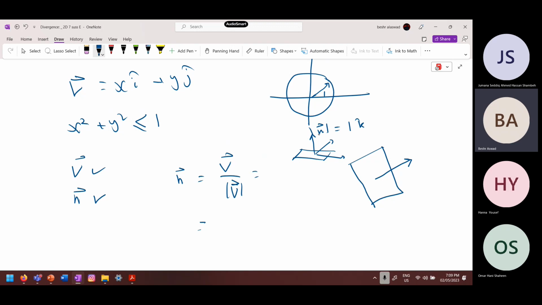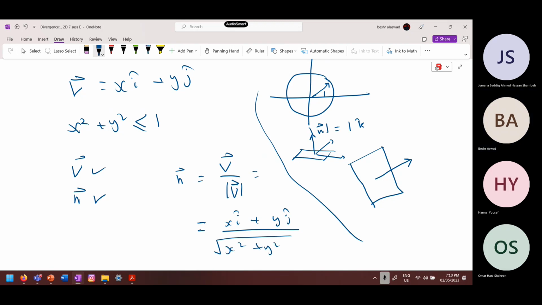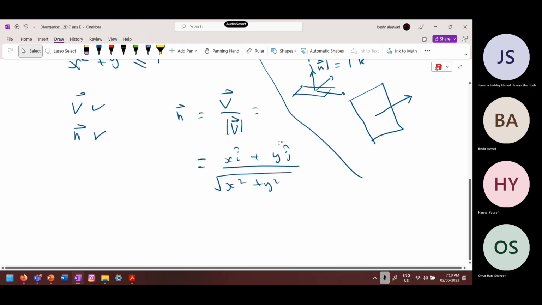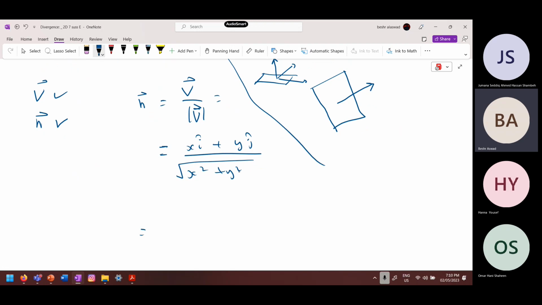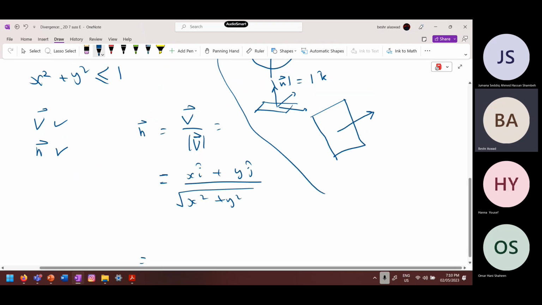Sorry, I got sidetracked. But to apply the normal vector for 2D, you must use this. I got confused. You must use this. Okay, as for the vector x i hat plus y j hat, the magnitude is the square root of x squared plus y squared.